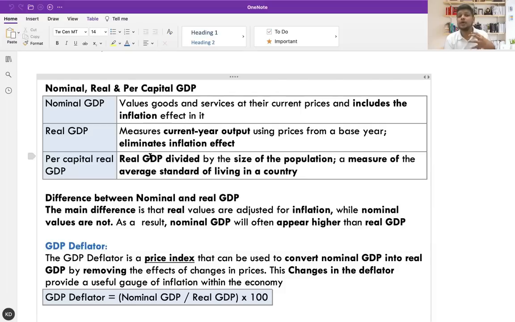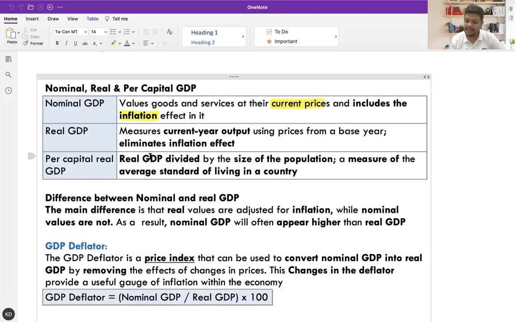So after accounting for inflation, after removing the inflation-related factor, what is the real increase in the price of that good? That is called real GDP. So nominal GDP is the value of goods and services at their current price, today's price, and today's price does include inflation. So nominal GDP does include the inflation. Clear?